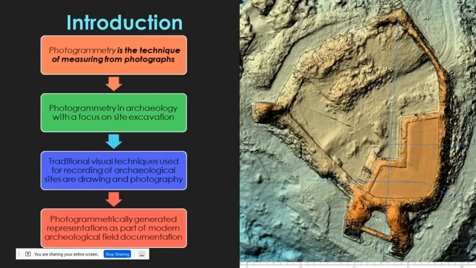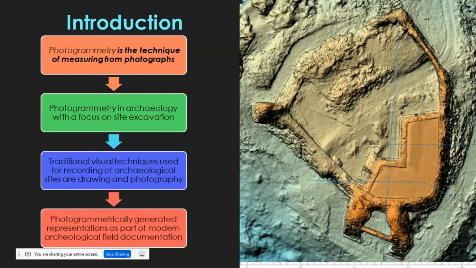The most prominent traditional visual techniques used for recording of archaeological sites are drawing and photography. While both methods provide a visual record, drawing is by definition an interpretation. While photography is a more objective representation of reality, it is less interpretative. It can be interpreted, but it is less interpreted, and it's objective.